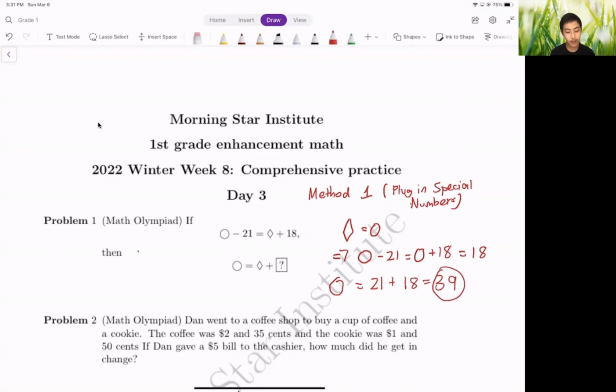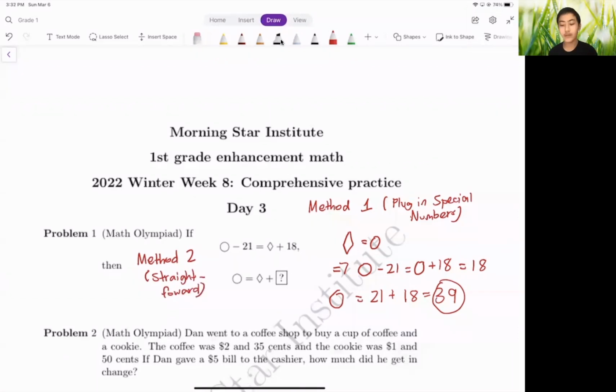And now let's try out method 2, which is a more straightforward algorithm on how to solve this. A circle minus 21 equals diamond plus 18.